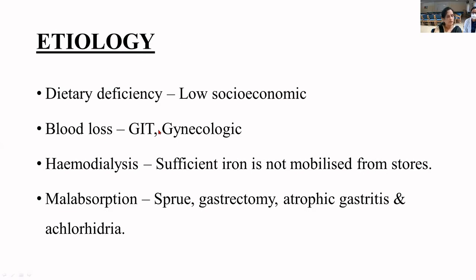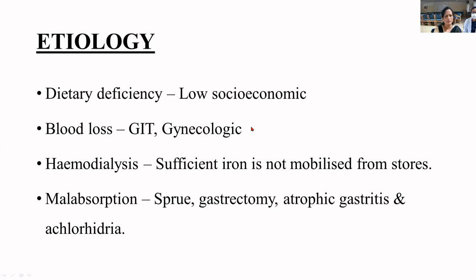Blood loss, okay, from the GIT, the gastrointestinal tract. More so, it is the gynecological causes. What do we call that? Dysfunctional uterine bleeding. It could be due to any cause, starting from pregnancy complications, abortion, to malignancy of the endometrium.